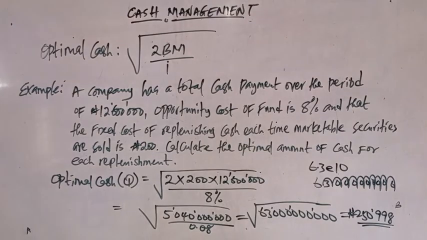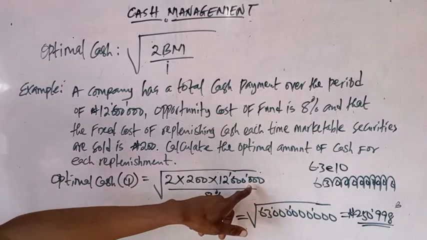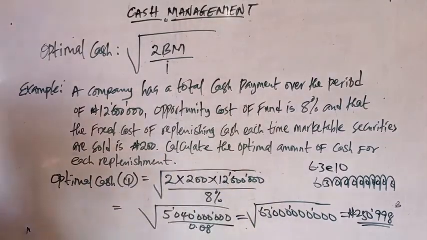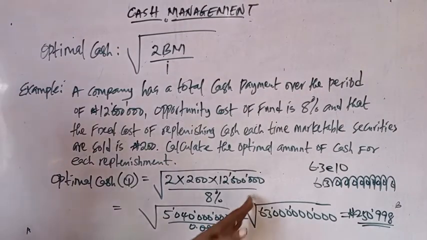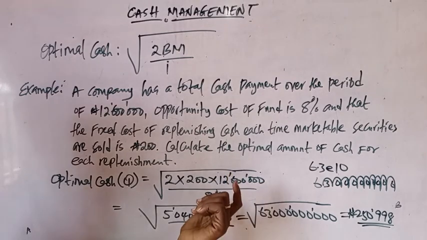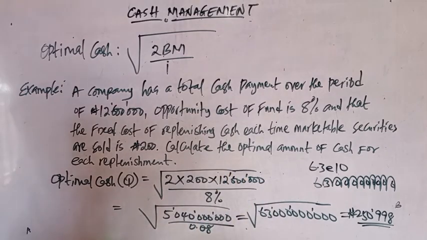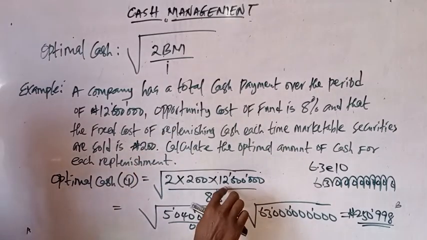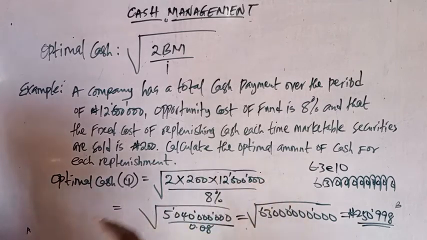So the annual cash that we talked about here is 12.6. If you want to divide this cash evenly during the year, it means that on a monthly basis you are going to need 12.6 divided by 12.